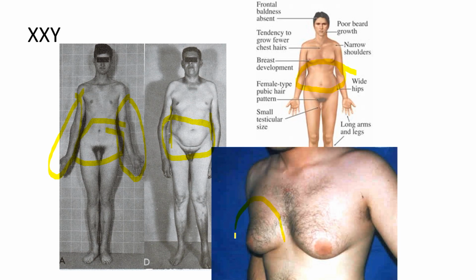This is the developed breast. And then their pubic hair. They have this female type pubic hair pattern, which is a pyramid type. A normal male has an inverted pyramid like this. A female would have a pyramid pubic hair shape.